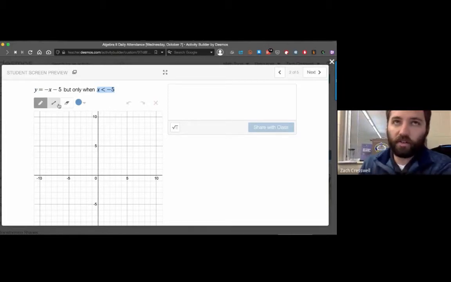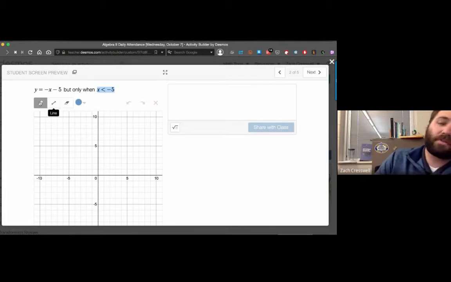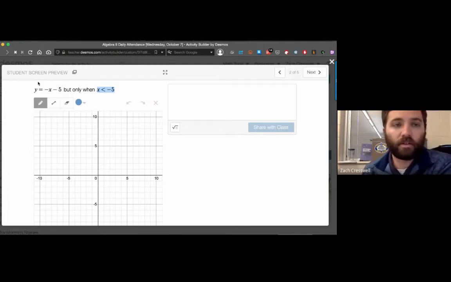The way I start these, and the way I start with graphing piecewise defined functions too, is to just graph the entire line and then erase the part that I don't want, okay? If I look at this line, it's got a y-intercept of negative 5, and it has a slope of negative 1.